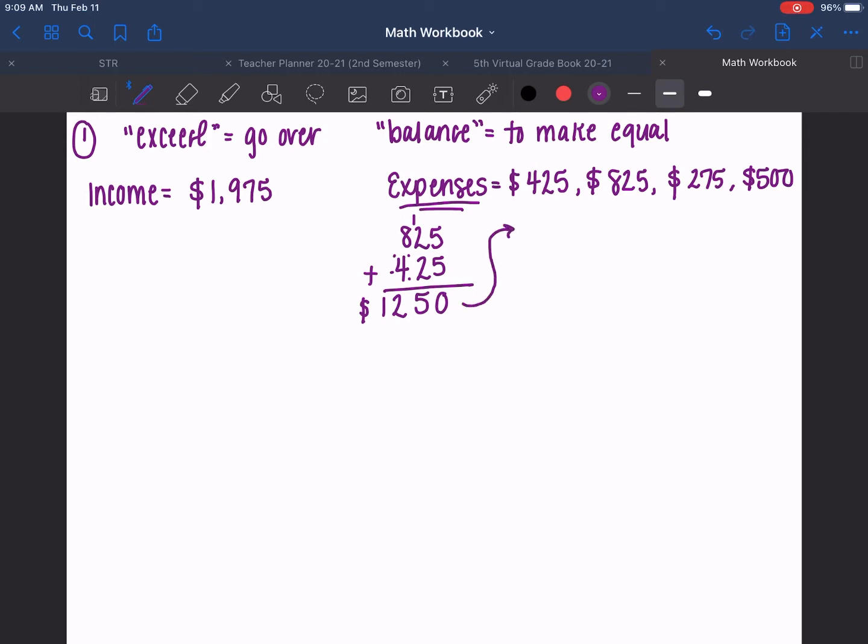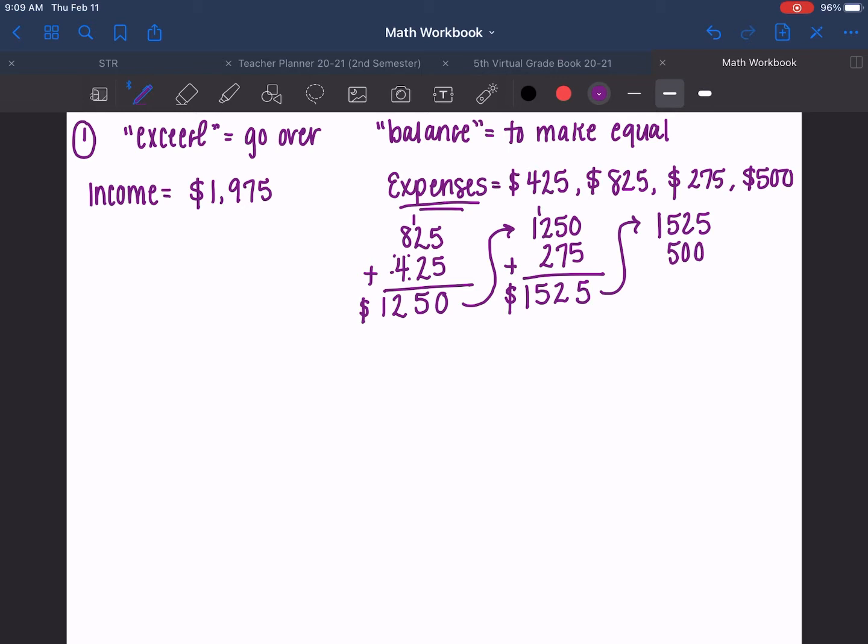Now I'm going to take that and start another addition problem, and we're going to add 275 to this total. 5, 7, 5, we got 12, carry the 1. Now we have a total of $1,525.